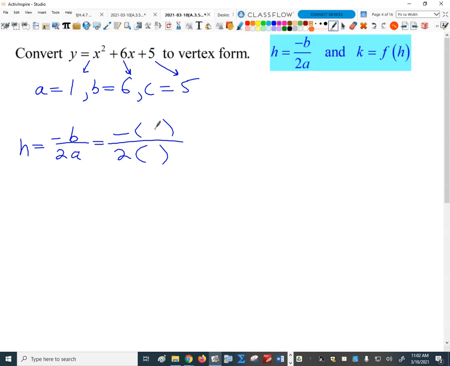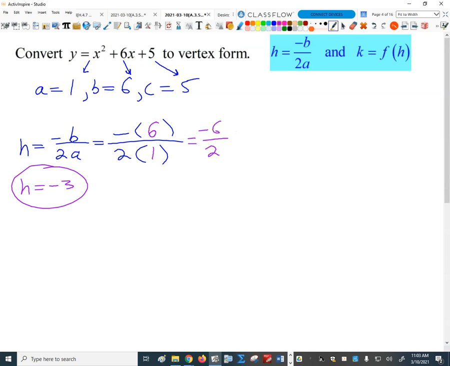So the value I'm plugging in for b is 6, and the value I'm plugging in for a is 1. And so what do I get then? I get negative 6 over 2. Well, that's just negative 3, right? There it is. So I get a number.